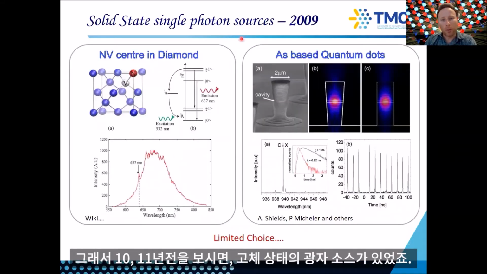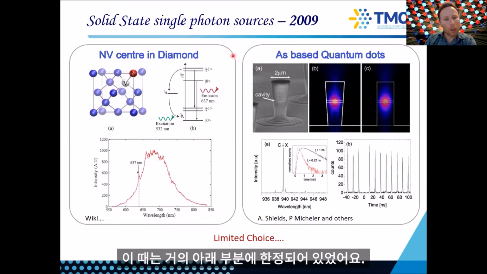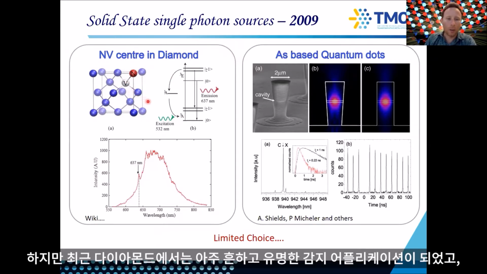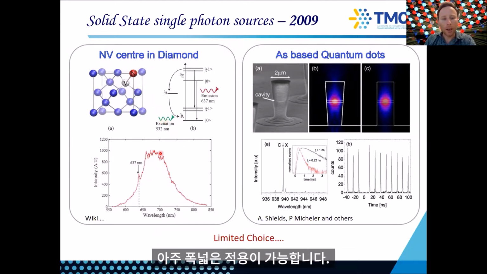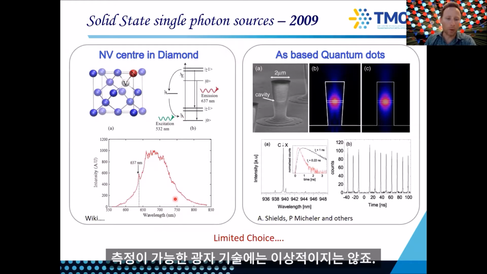If you look about 10 or 11 years ago, in terms of solid state single photon sources, you were pretty much limited to two platforms. The NV center in diamond, that is now quite common, quite famous specifically for sensing applications, has a very broad emission, which for scalable photonics is not ideal because your useful signal is only in the zero phonon line.